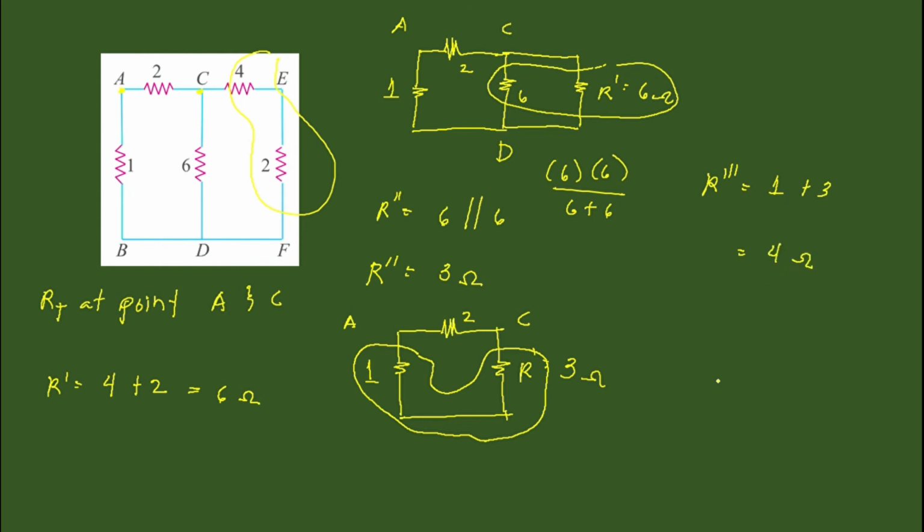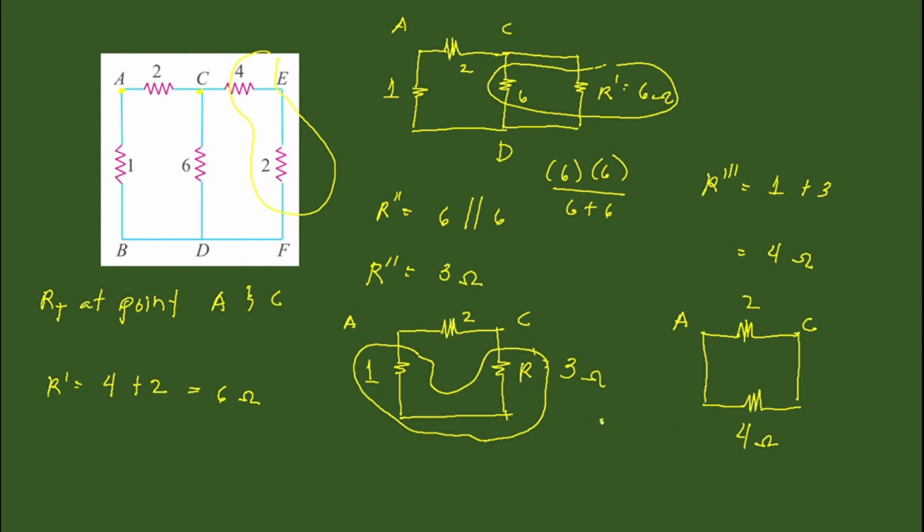Okay? Now, drawing the circuit again, this is point A and then point C, and here is the 2 ohms. This is now our R3 prime, which is equal to 4 ohms. That's the equivalent for the 4 ohms. So, the 4 and then the 2 are also connected in, what?